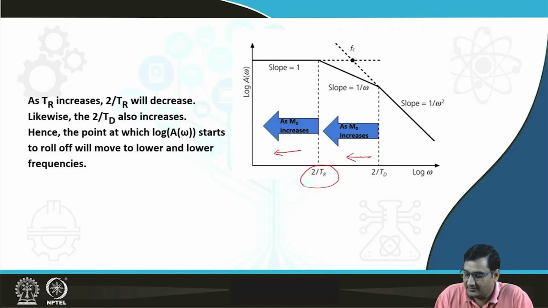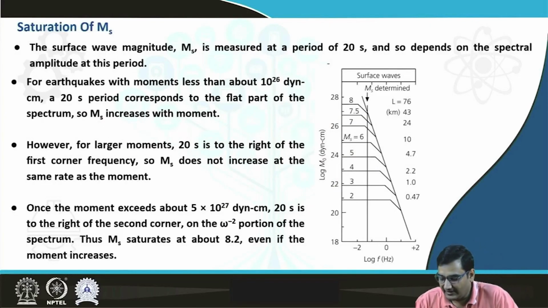As the earthquake gets larger and larger, the moment increases, and then these frequencies will decrease. So that means the TR and TD time will increase, and subsequently 2 by TR will decrease and 2 by TD will also decrease.